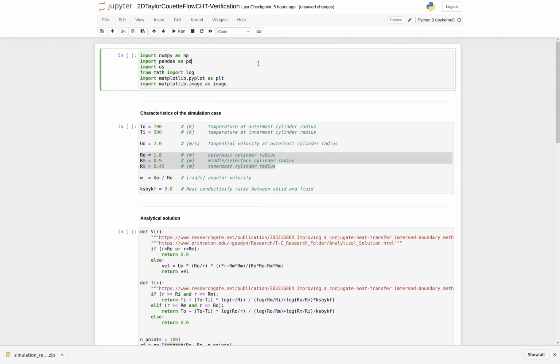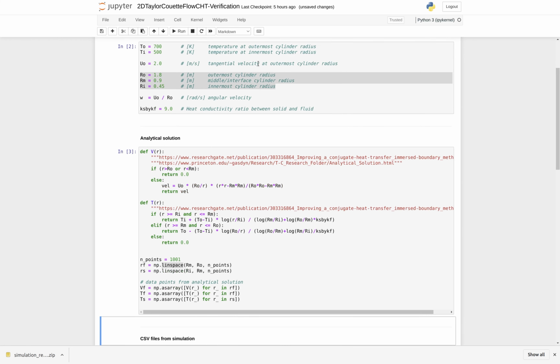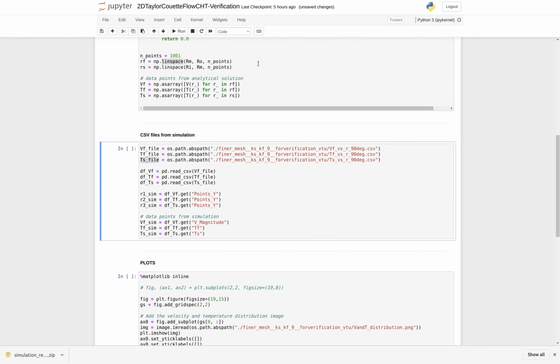So we'll now run the Jupyter notebook to see the comparison between the results of the simulation and the analytical values.